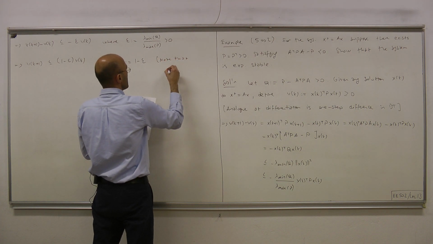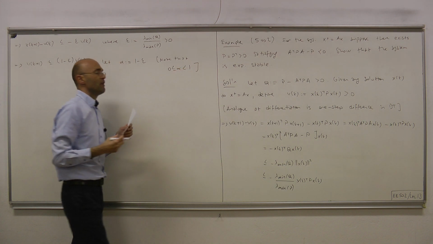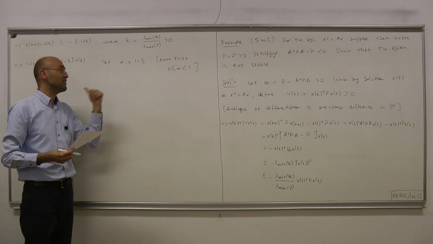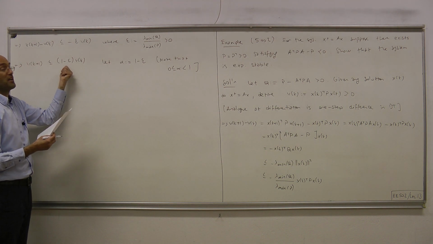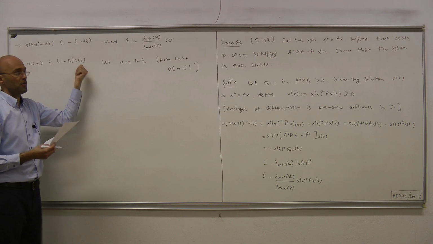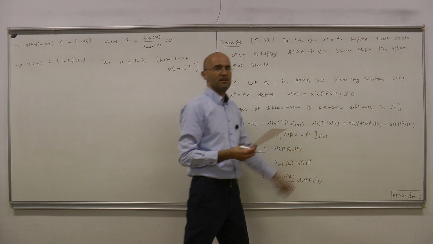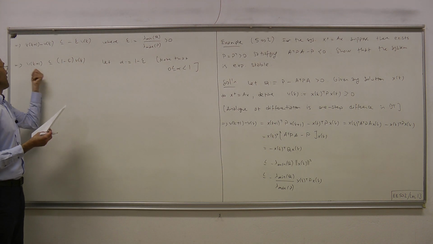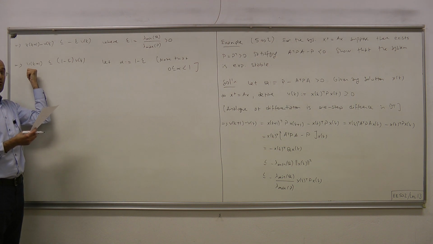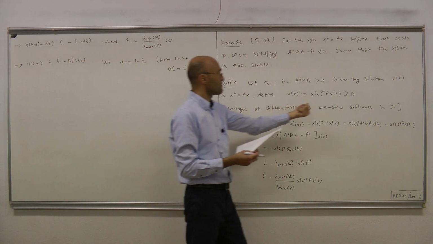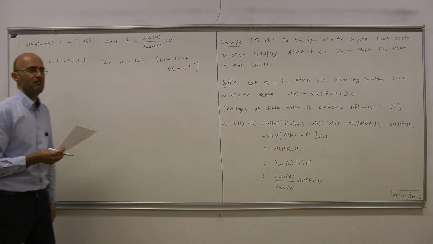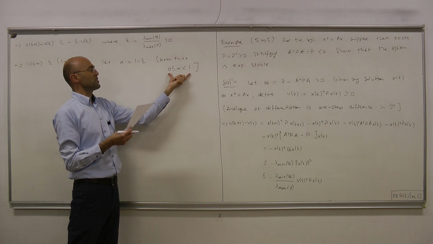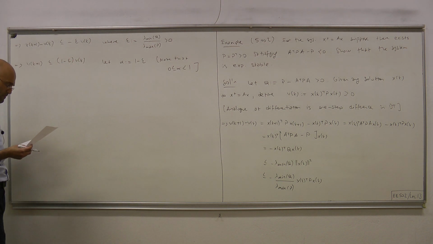Note that alpha must be smaller than 1 because epsilon is positive, and it cannot be negative: if alpha is negative, since V is always positive because it's defined through a positive definite matrix, V(k+1) would be less than or equal to something negative, but it cannot be negative. So alpha is somewhere between 0 and 1.